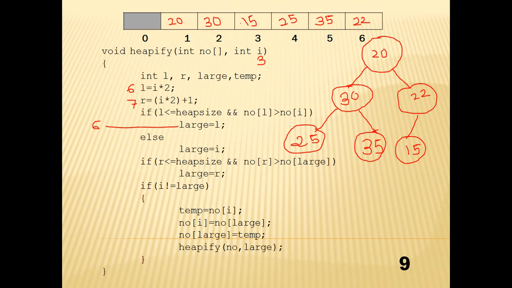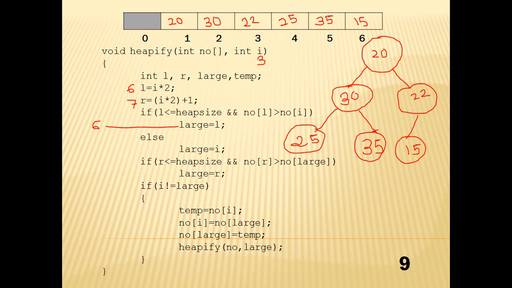Change the array also, 15 and 22. These two items will be interchanged. Okay, we have interchanged 22 and 15. We are calling heapify again to adjust the remaining items.